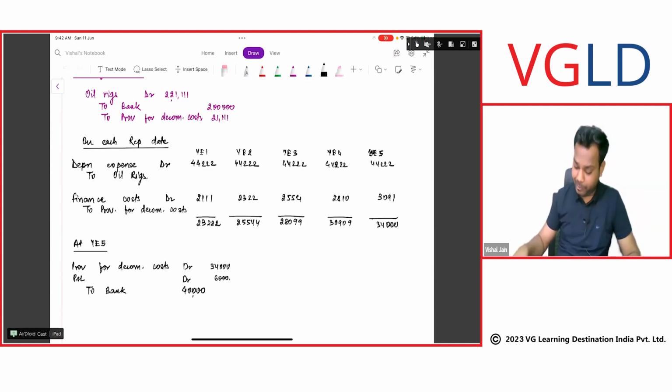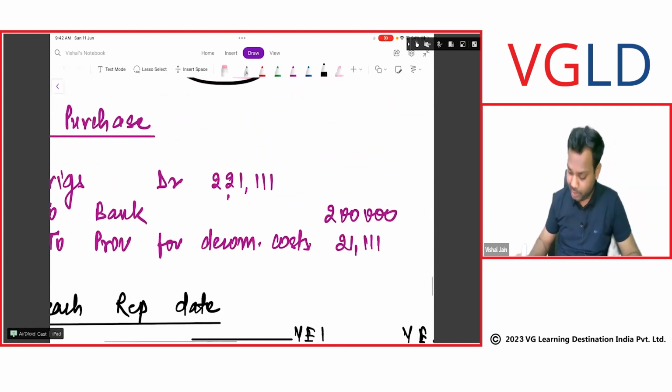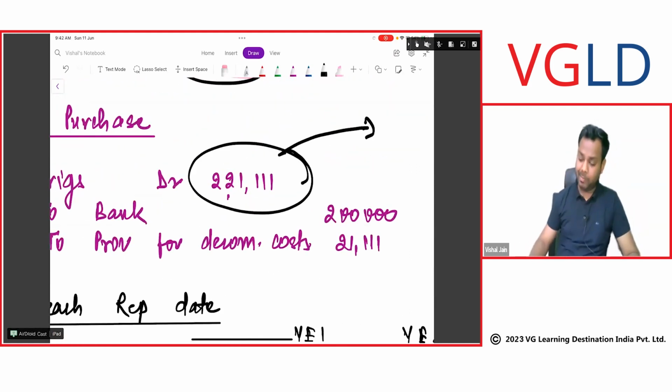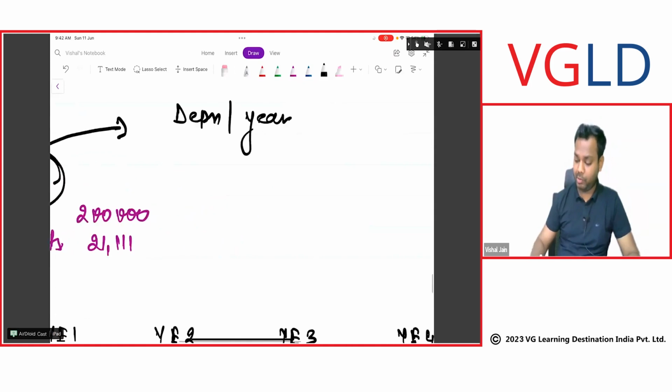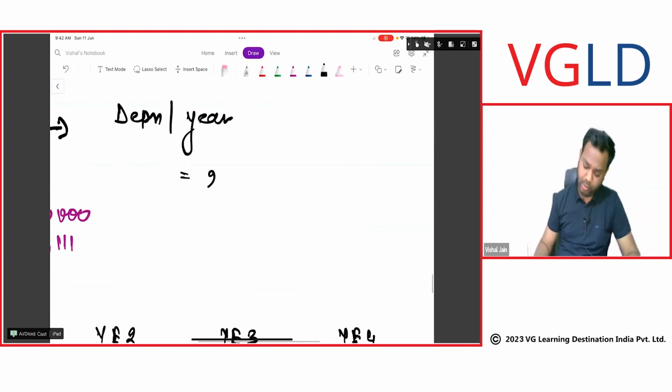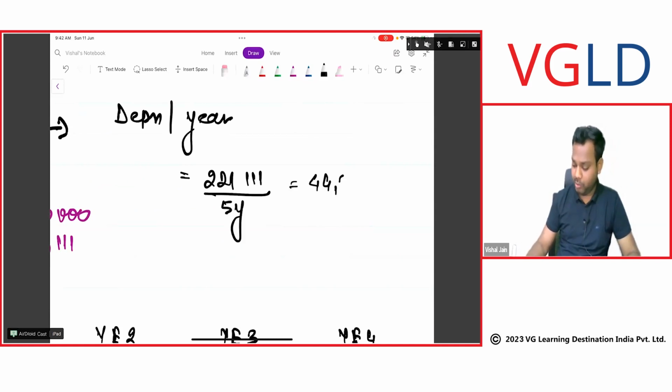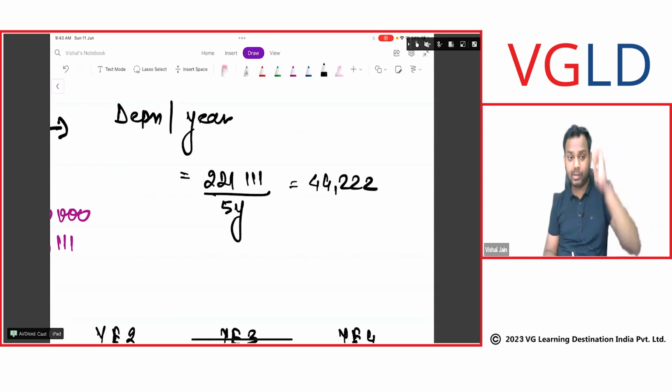Depreciation per year is cost divided by useful life. So depreciation per year equals 221,111 divided by 5 years, which equals 44,222. Is it clear, Harshita?